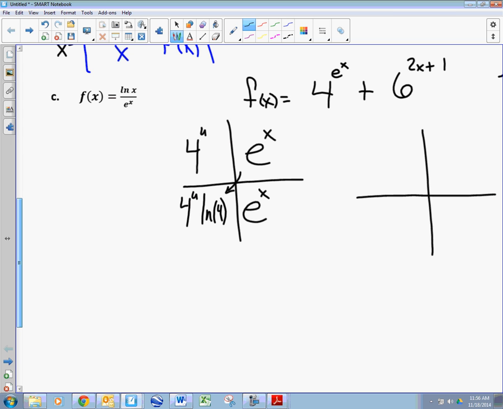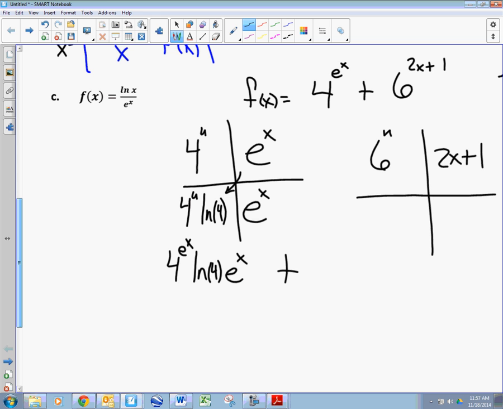So if we multiply these together, I get 4 to the e to the x times the natural log of 4 times e to the x. Plus, let's take the derivative of the next one. The inside function is 2x plus 1. What's the outside function?